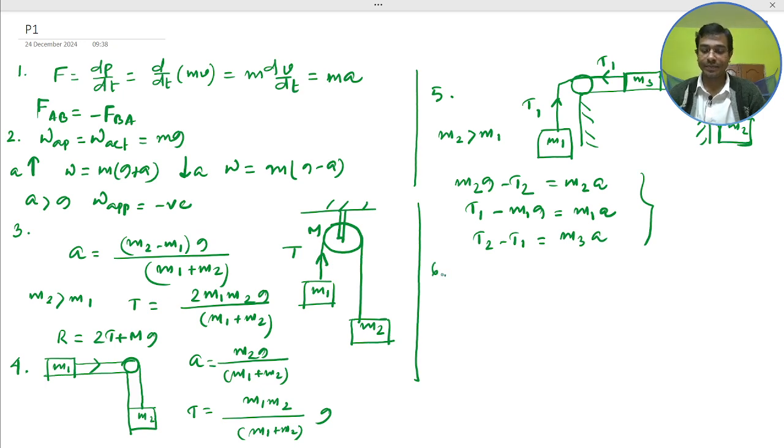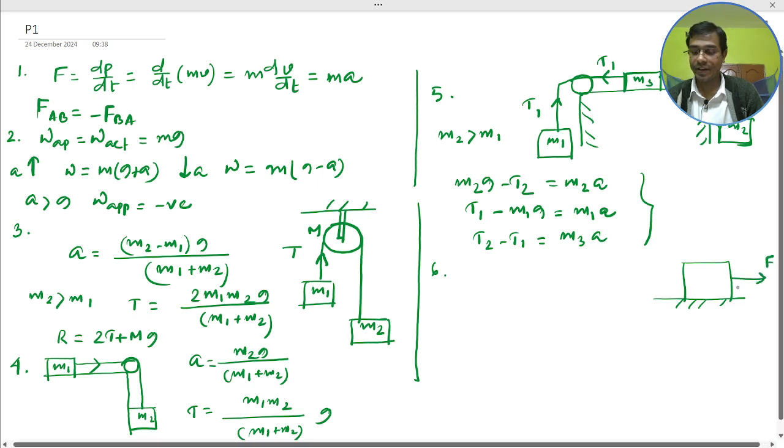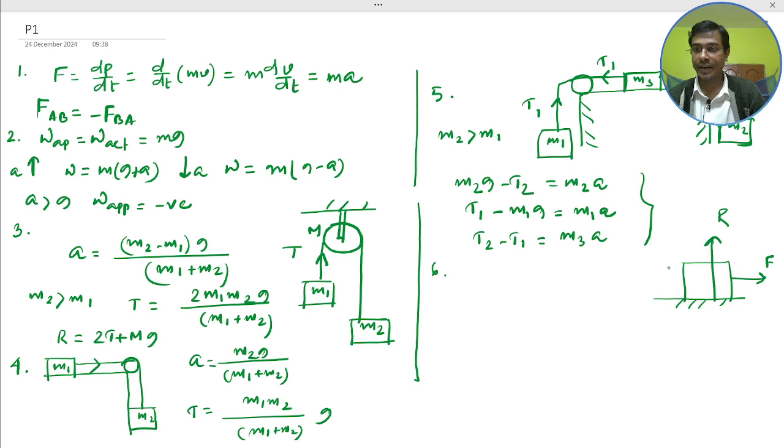Next one is friction. So this is a block, and here the applied force F, this is R, and here the angle is theta s, and here is mg, and in the reverse direction the friction Fs.